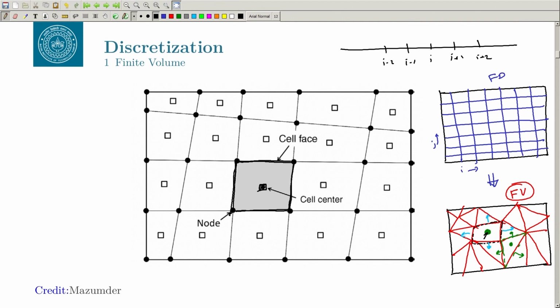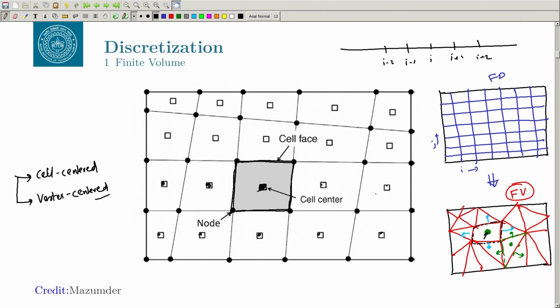Now, what happens? There are different approaches in finite volume also. There are 2 approaches basically, one is cell centered and the other is vertex or node centered. In the cell centered approach, you will have variables stored at the cell center. These are my cell centers, where our variables, for example your conserved variables or primitive variables, are stored.